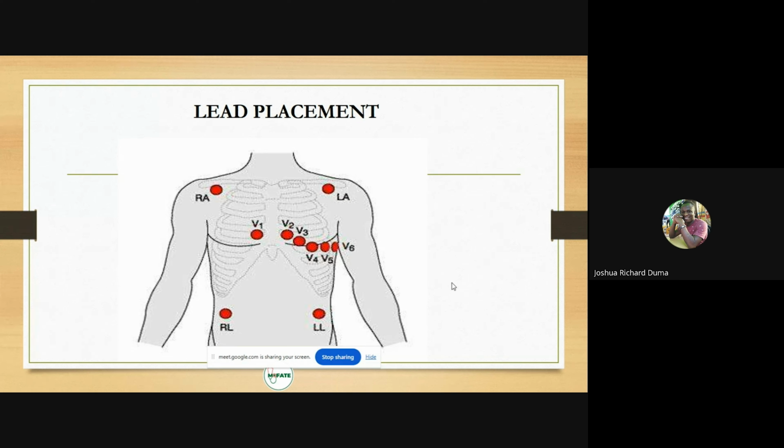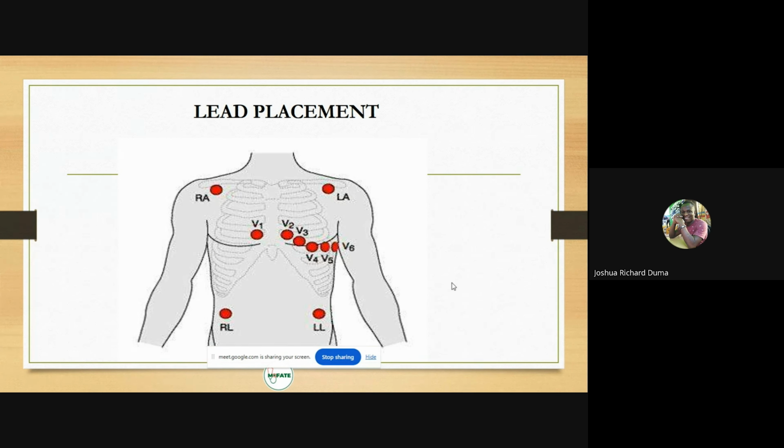These electrodes can picture the heart in the anterior part, the lateral part, the posterior part, and the inferior part. So through ECG rhythms, you can understand exactly which part of the heart may be suffering. For example, in identifying ischemia or infarction, it's very easy to detect which part of the heart is suffering from ischemia.